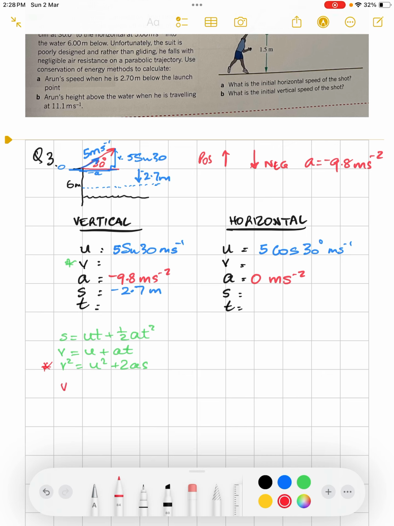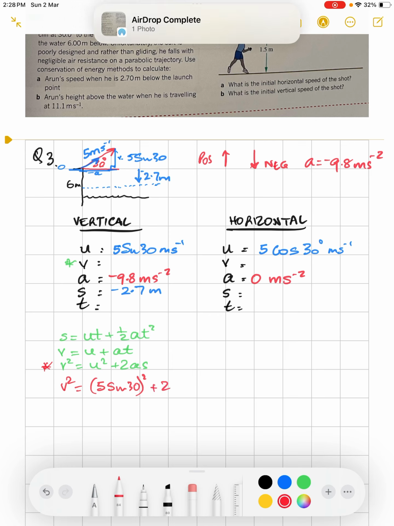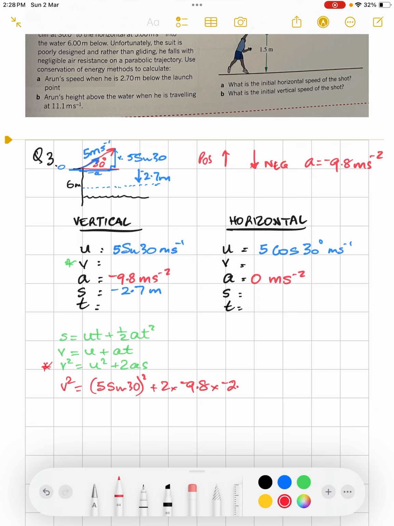So v squared is u squared, 5 sine of 30 squared, plus 2 times acceleration, which is negative 9.8, and displacement, which is negative 2.7. So let's substitute that into our calculator, see what we get.